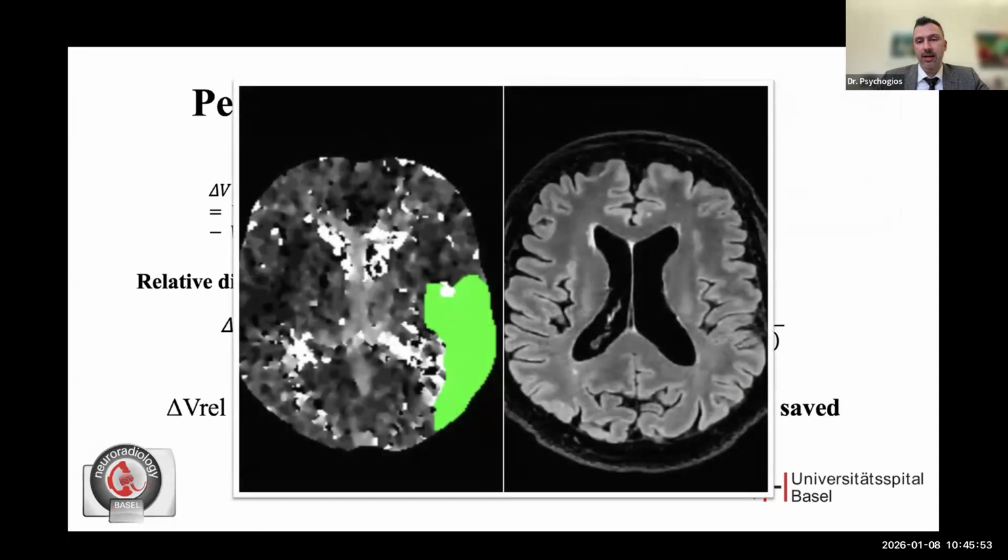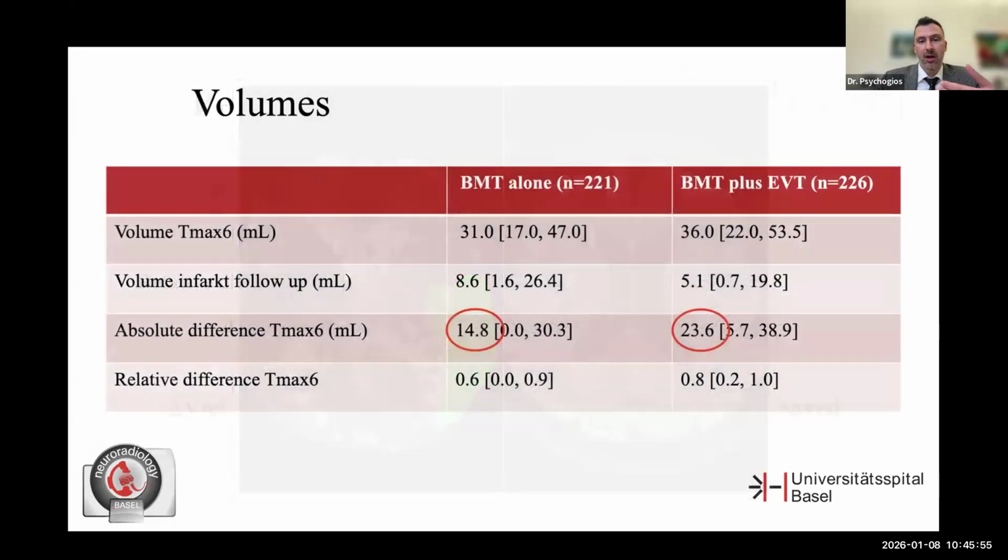What we saw is that if you have this biomarker, you actually see some difference on the absolute differences of the numbers regarding more brain saved with thrombectomy, even in the DISTAL trial, even with the limitations we are discussing about patient selection, about devices, etc. So even in the DISTAL trial, you see a difference.